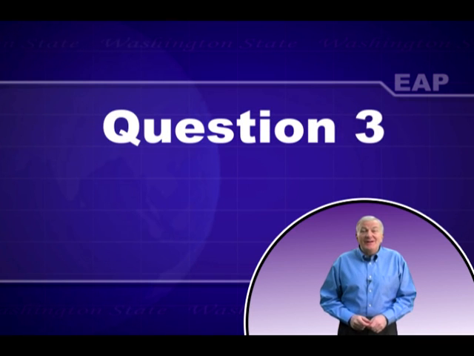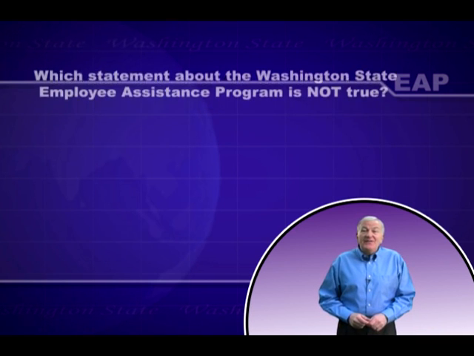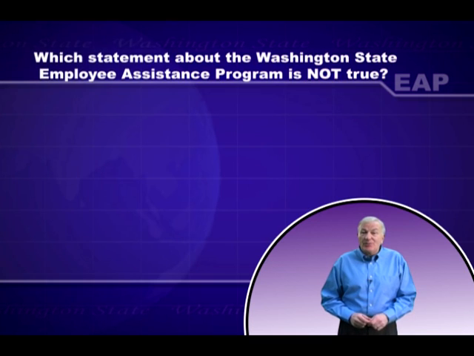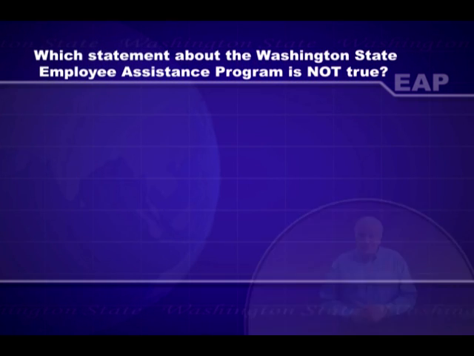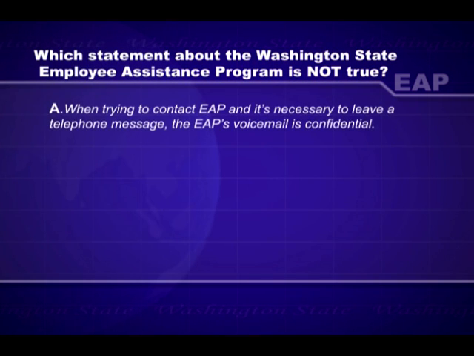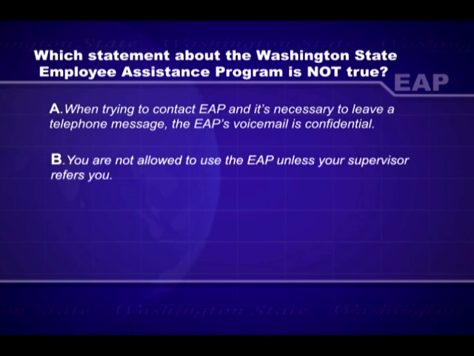Here's question number 3. Which statement about the Washington State Employee Assistance Program is not true? A. When trying to contact EAP and it's necessary to leave a telephone message, the EAP's voicemail is confidential. B. You are not allowed to use the EAP unless your supervisor refers you.